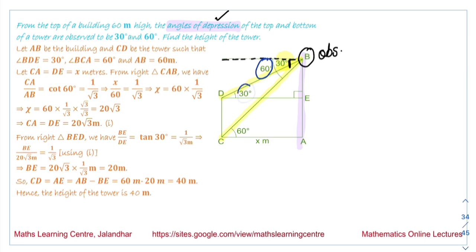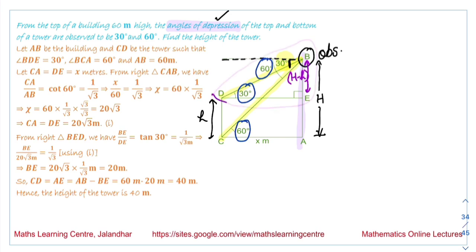So we get that this angle at D is 30 degree and this angle at C is 60 degree. We have to find the height of the tower. Suppose the height of this smaller tower is small h, and the height of this larger tower is capital H. So this height BE will be capital H minus small h.